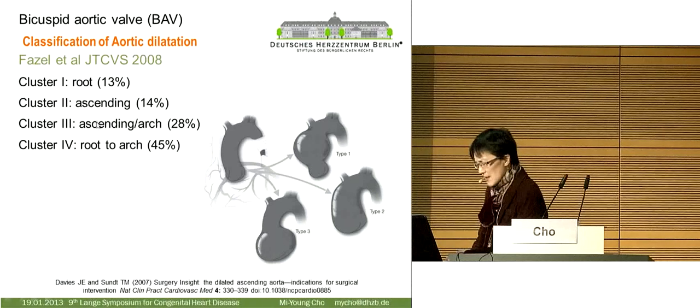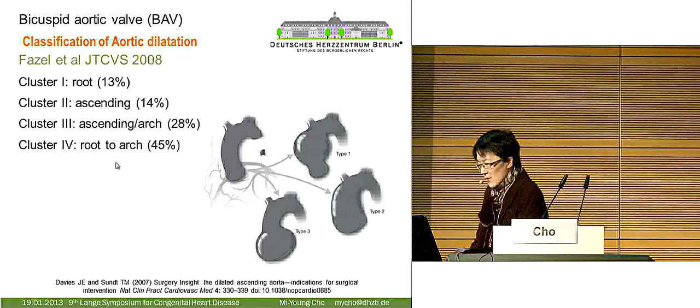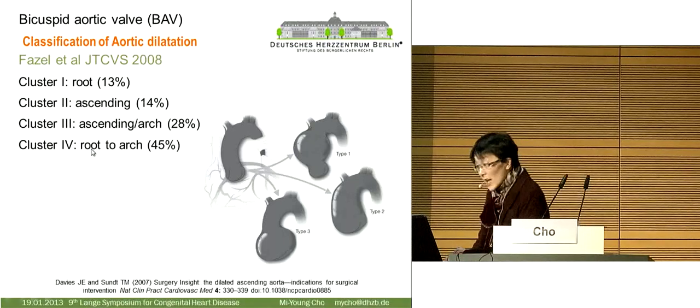Faisal, when he was, I think, also in Toronto, but later I will show another study when he was in San Francisco, showed that the highest cluster was where we have root and arch dilatation. Then he also found ascending and arch dilatation in 30% and just root and ascending in 15%.